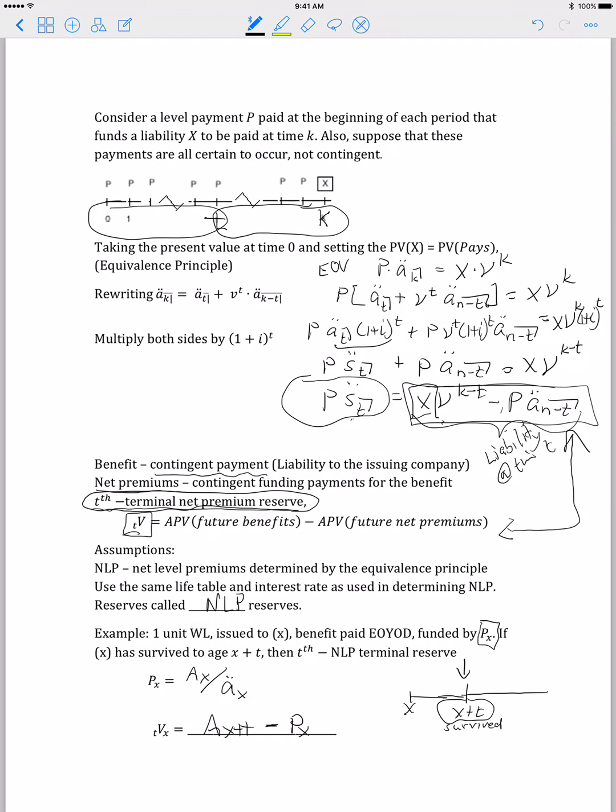Well, I'm paying this premium that was determined at issue, and I'm now age x plus t, so it's a life annuity due issued at age x plus t, and the amount of that payment is the same premium payment I've been making since the policy was issued. So this is a formula for the t-th net level premium terminal reserve on that $1 whole life policy.